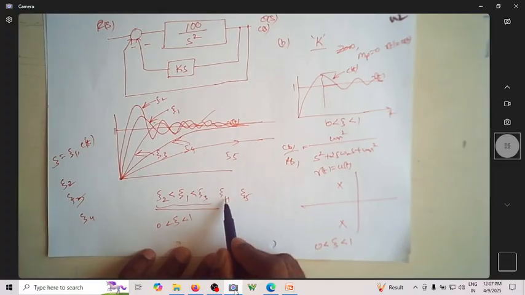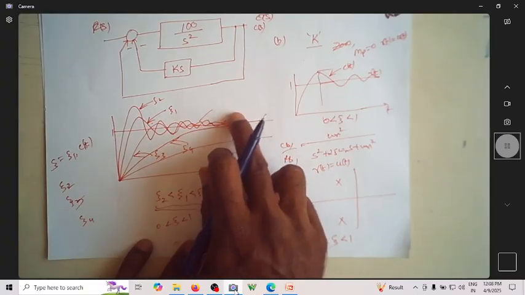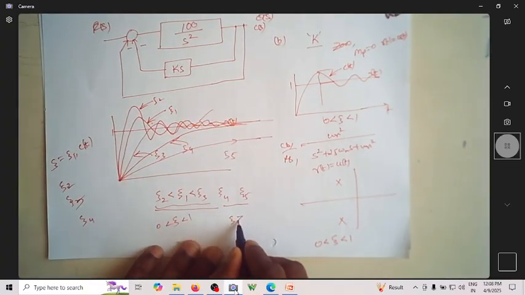So coming to zeta 4 and zeta 5, since there is no overshoot happening, the zeta value is greater than or equal to 1.